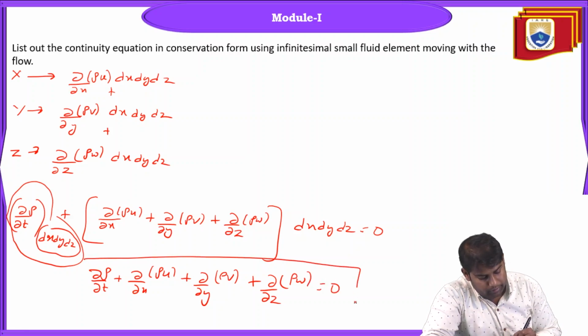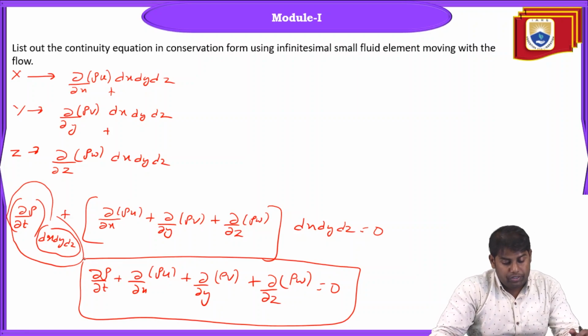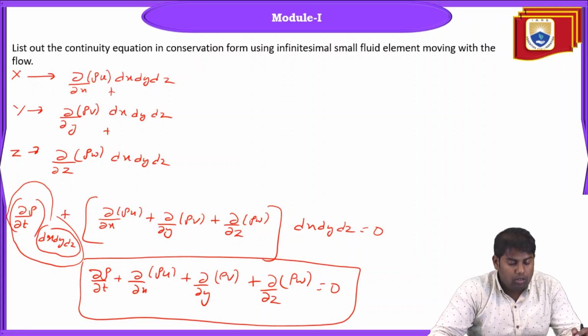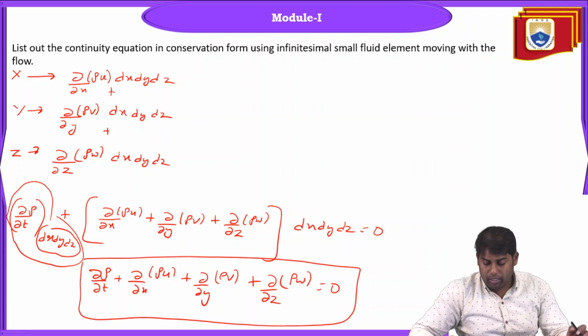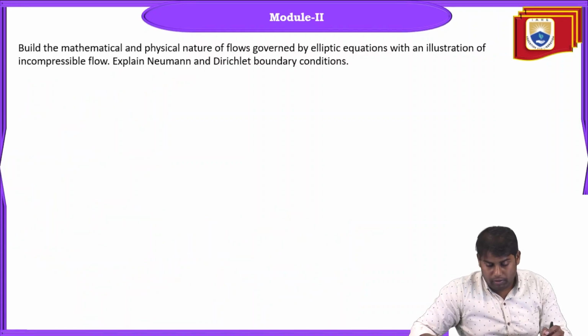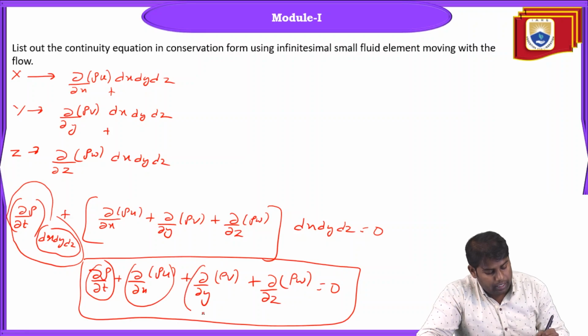So this is the continuity equation, written in the conservative form, where the fluid particle remains stationary with respect to the flow. Here we have different forms.